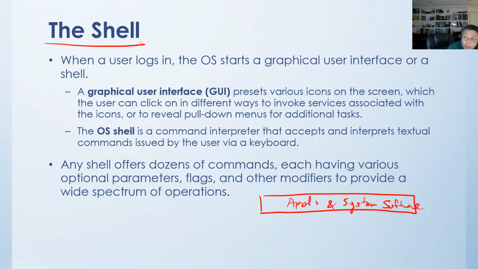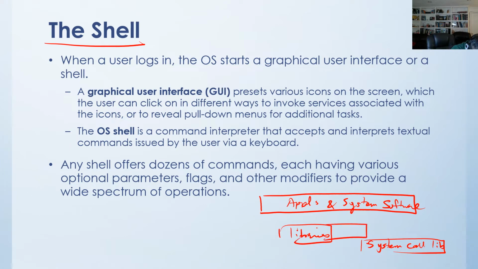And then the next level is the library, and also what is called a system call library. Now the shell is somewhere over here, pretty much at the same level as the application and system software. It's actually the user interface.